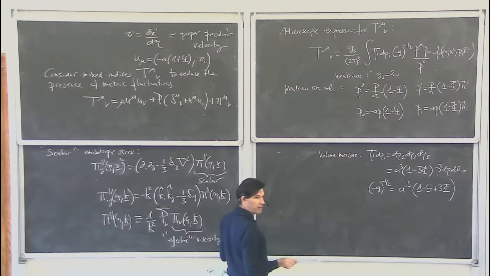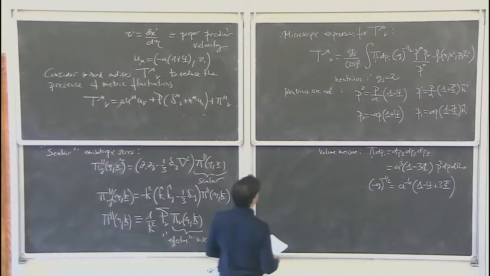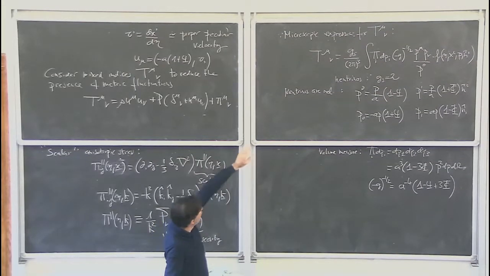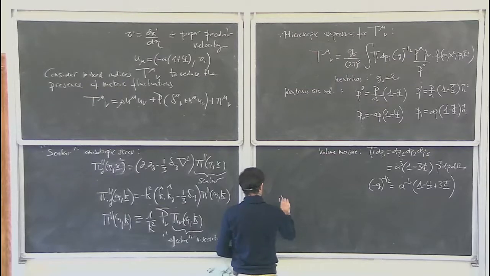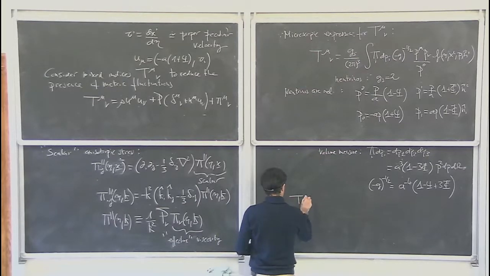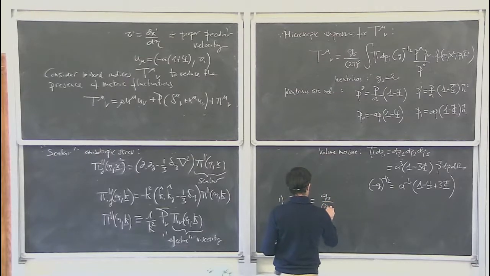And now we are all set. We can start computing. So let's just practice this once for good. Let's take this expression and compute T naught naught. For T naught naught, I leave here the g's.